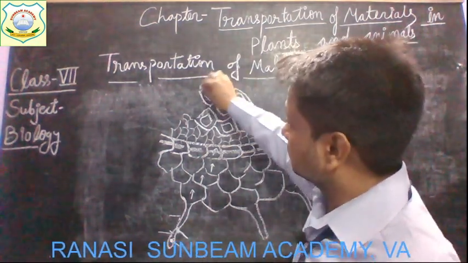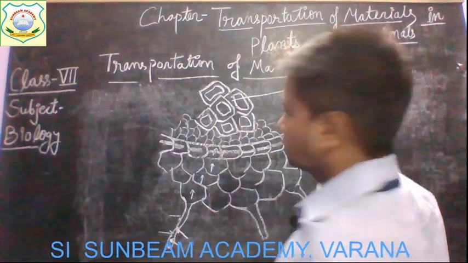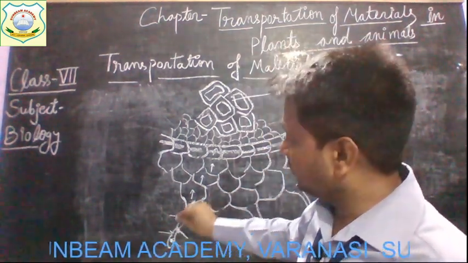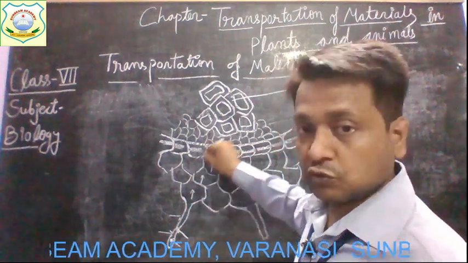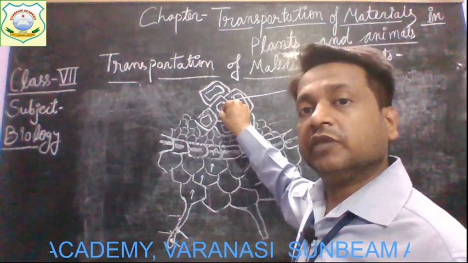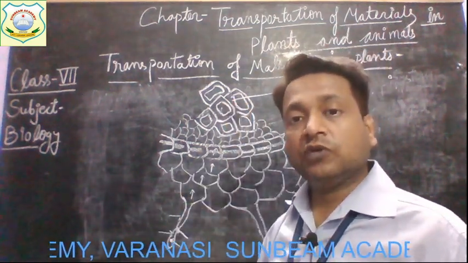So this is the xylem tissue, and the water moves from the root hairs through various tissues and finally reaches the xylem, and this xylem then carries the water and transports it upwards.